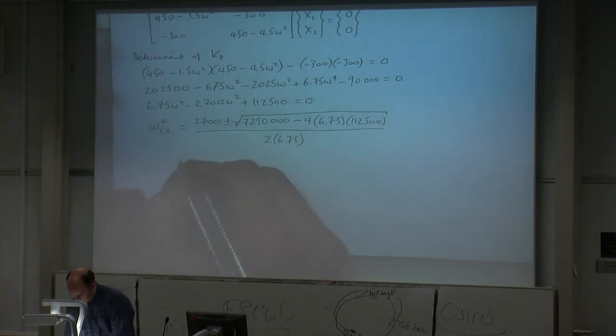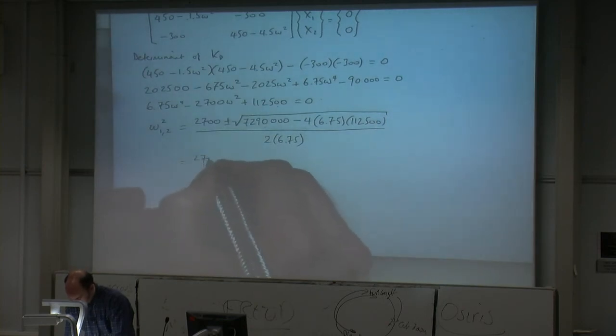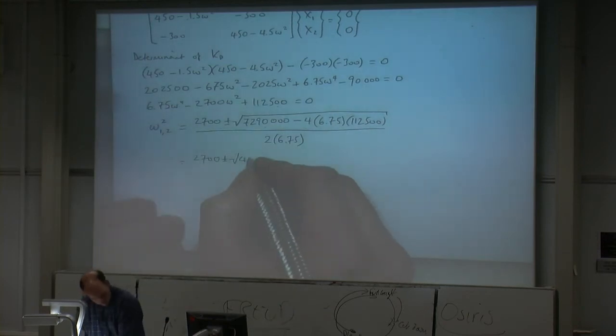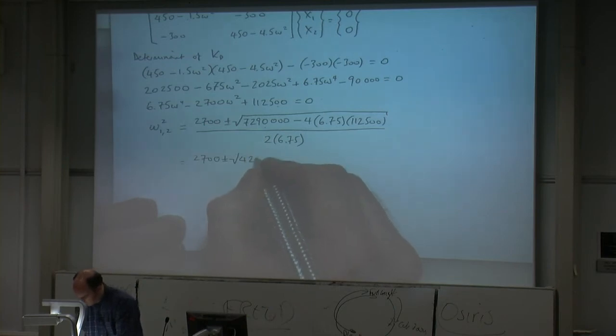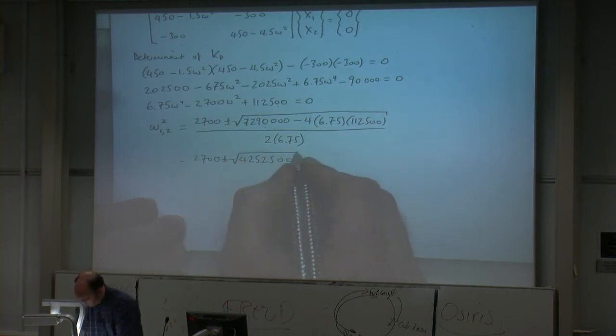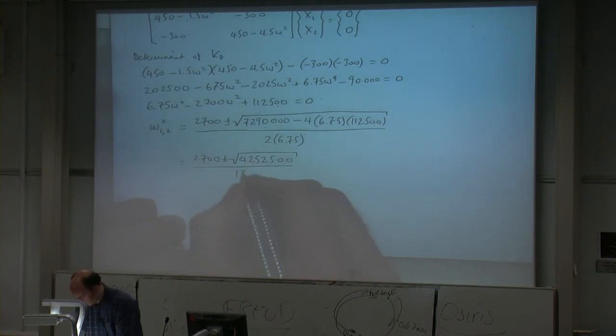And so this equals 2,700 plus or minus the square root of 4,252,500. I've done the sums for you. Divided by, obviously, 13.5.